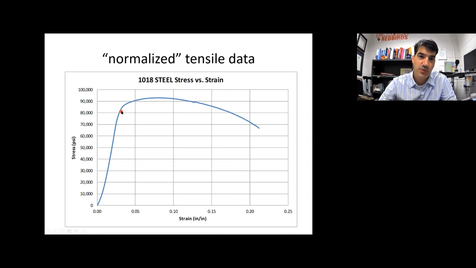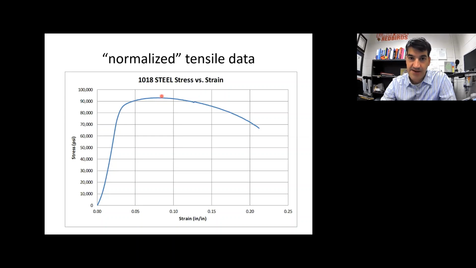And then we get to a point somewhere probably around here, where it's no longer linear. We lose the linear region of the curve, and now it becomes nonlinear. There's a name for this point where it stops being linear, and that's called the yield stress, Y-I-E-L-D, the yield stress for this curve, or the yield point.